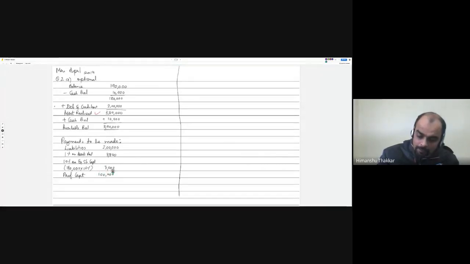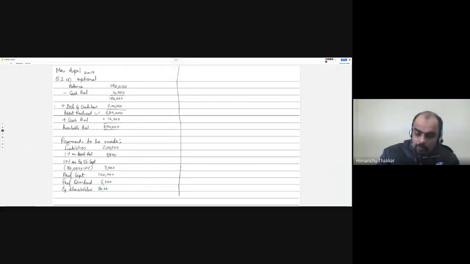Then you're also going to pay preference dividend. What will be the preference dividend? They have said with 1 year dividend, 6% of 1 lakh will be 6,000. 1 year dividend will be 6,000. And then you're going to pay to equity shareholders 70,000 as per the order. So you're going to pay 70,000.